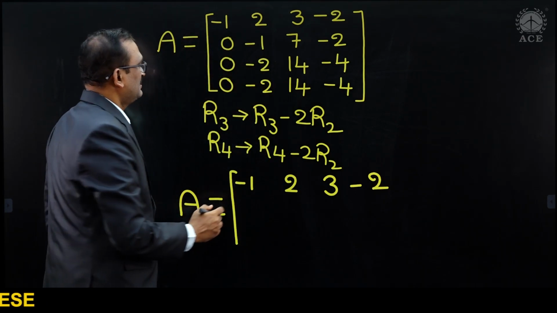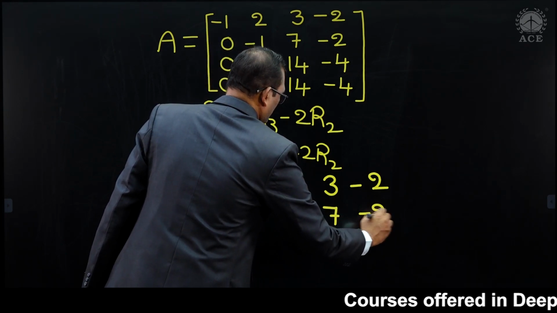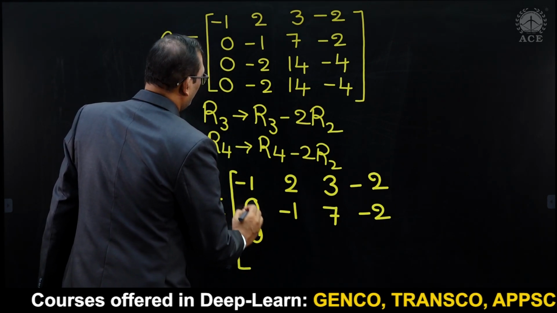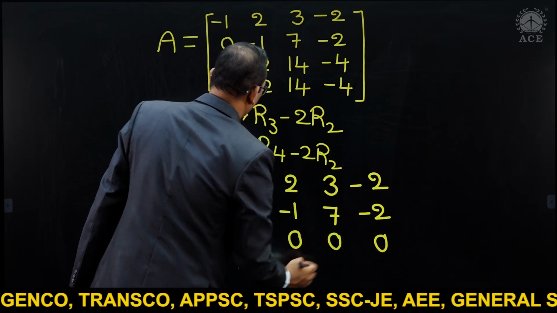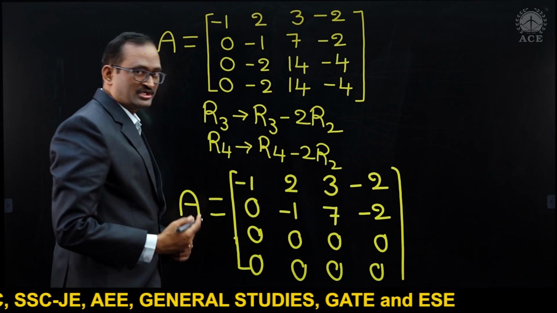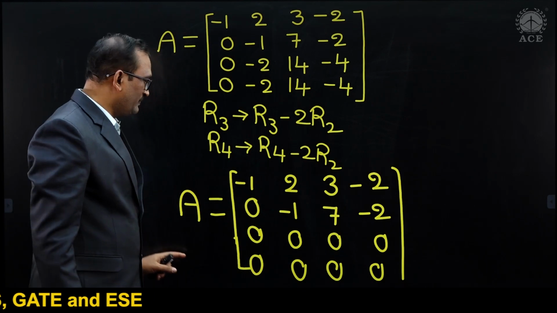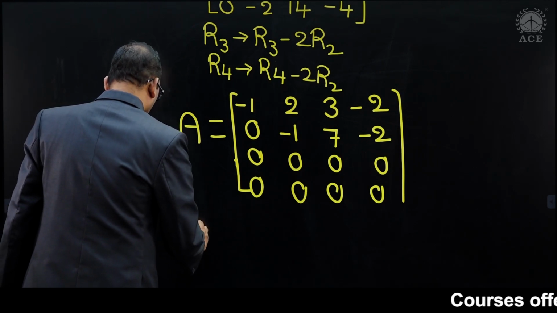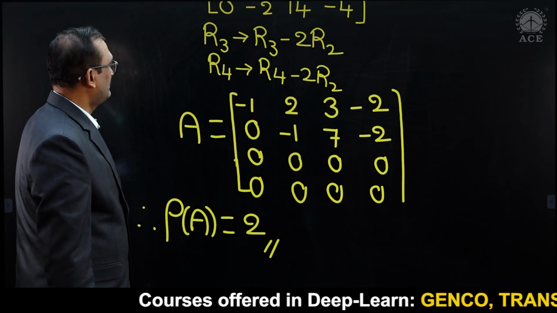Second row as it is, that is 0, minus 1, 7, minus 2. This is 0, minus 2 plus 2, 0, 14 minus 14, 0, minus 4 plus 4, 0. Same story here also, 0, 0, 0. So third and fourth rows are linearly dependent upon the second row. So that's why third and fourth rows have become zeros. Therefore, rank of A is equal to 2. Let us see the next problem.